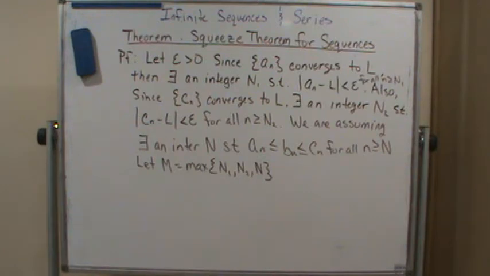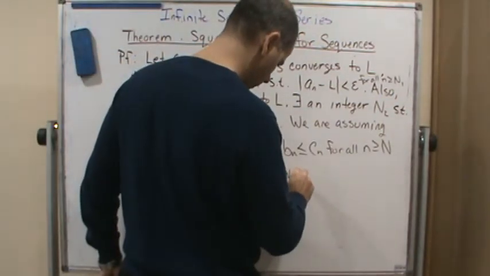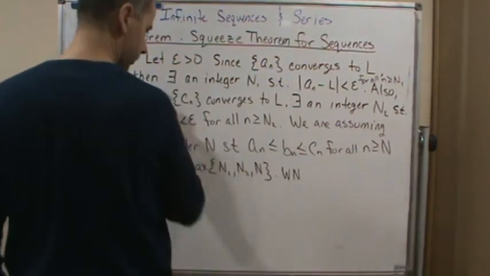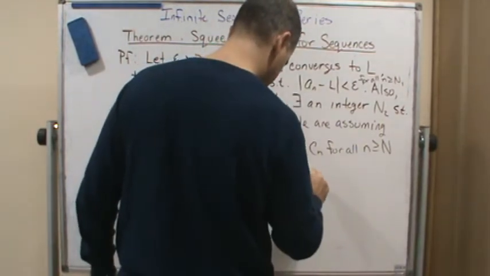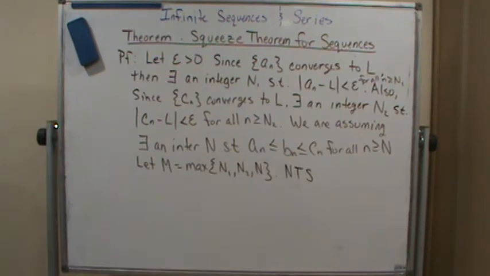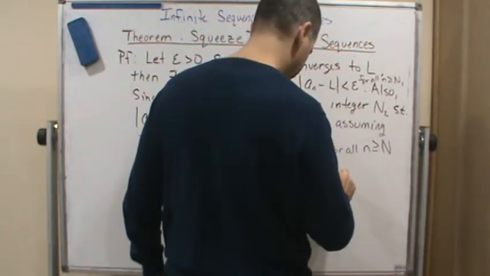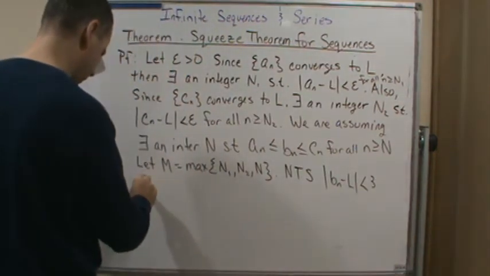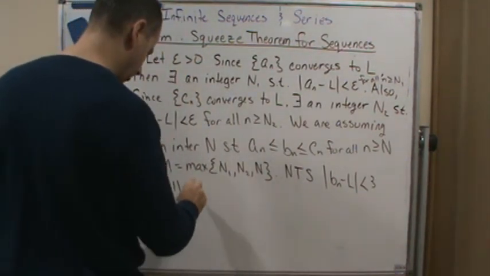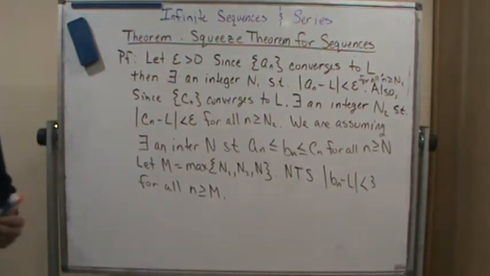Well, what we need to show is that the absolute value of b sub n minus L is less than epsilon for all n greater than or equal to m. Okay, so that's what we need to show.